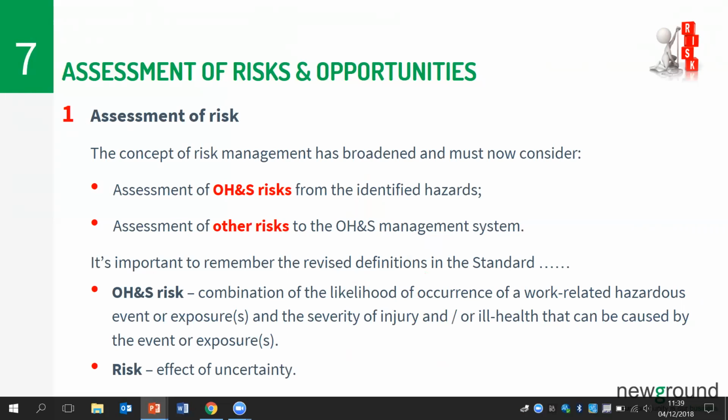So these other risks will be largely informed from the information obtained from your context of the organisation, i.e. you will consider your priority business issues and the needs and expectations of your interested parties when you are thinking about and determining your other risks to your management system. I've put the two definitions that I put up earlier just down at the bottom of that slide, just to remind you of the differences in those definitions.